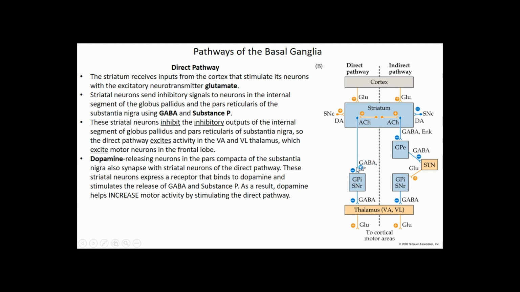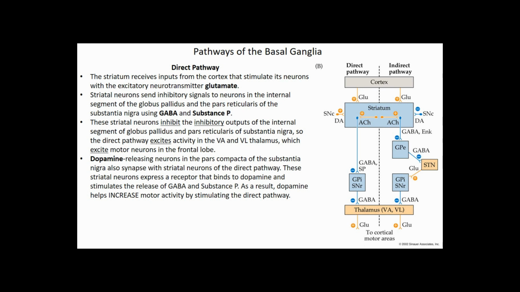That's using GABA and substance P. These are inhibitory neurons. Then the globus pallidus, pars interna, and the substantia nigra, pars reticularis, are going to send inhibitory GABAergic signals to the VA and VL thalamus, which, remember, stimulate motor activity.